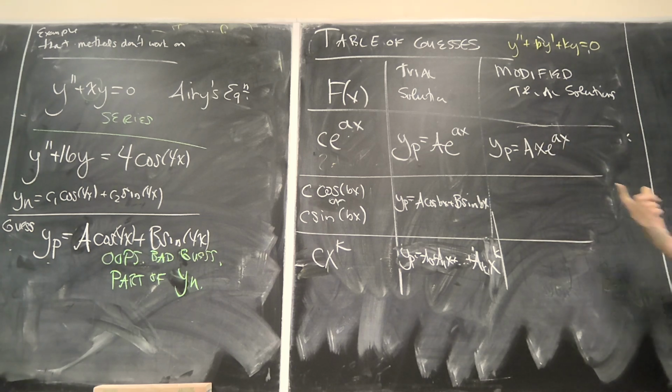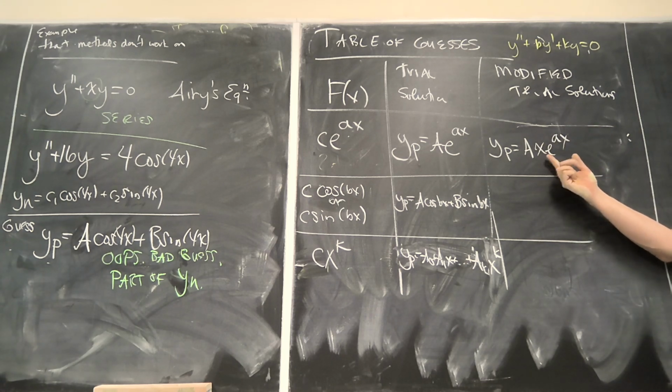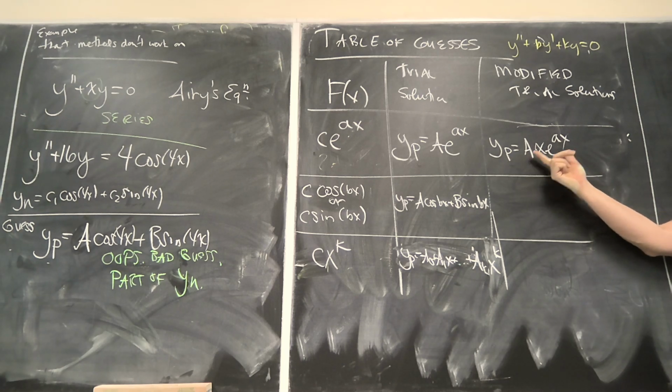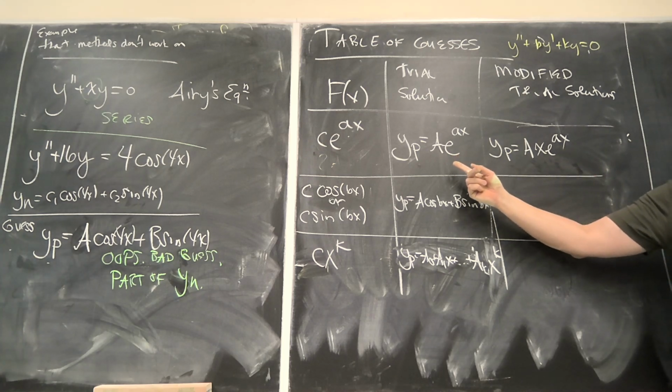One way of viewing why this is justified is this guess for a particular solution will still have the right sort of derivatives, because the product rule will still give e to the ax's out. There will still be things that have the right form when you do this.